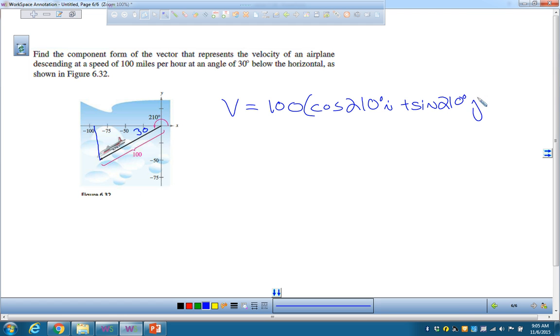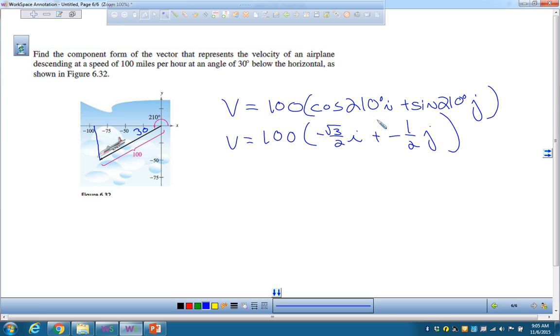And then you have to know what the cosine of 210 is, and if it's not an exact number, you have to use your calculator. Who knows what cosine of 210 is? I'll give you a hint. Yes, negative root 3 over 2 in the I direction, plus sine of 210 in the j direction, which is also negative, negative 1/2.